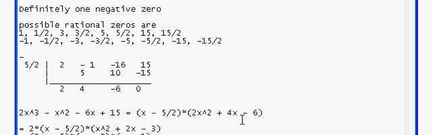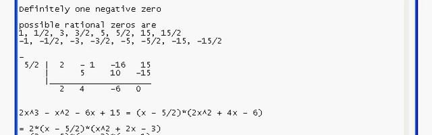Obviously, we can factor out a 2 from all these terms, and then I'll combine that back into the x minus 5/2 term, so we'll have 2x minus 5. The other useful thing to notice is once we factor out that 2, x squared plus 2x minus 3 is all that remains, and that is a lot simpler polynomial to factor: x plus 3 and x minus 1.